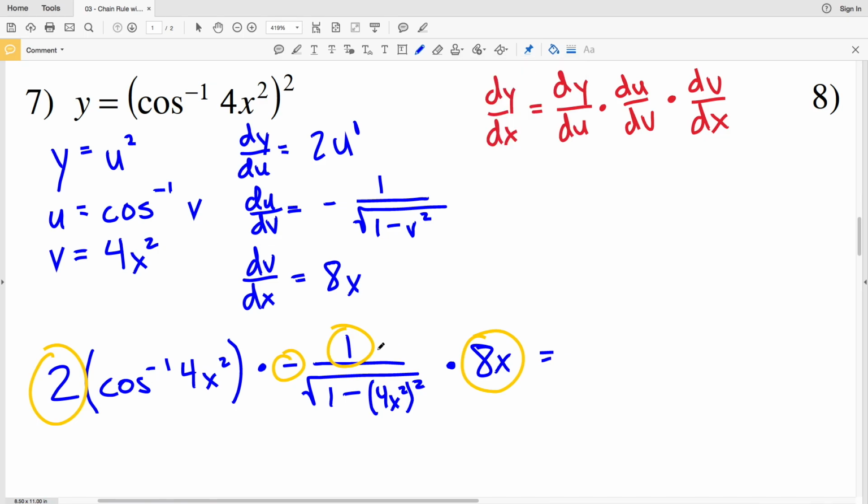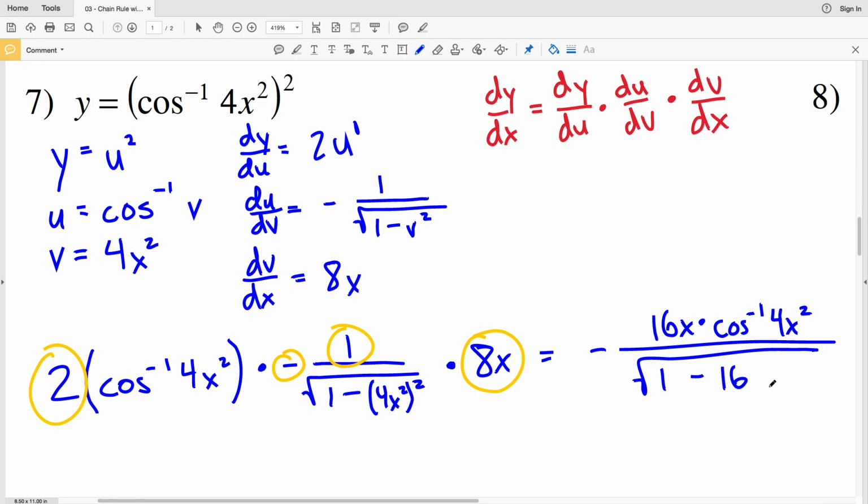So 2 times negative 1 is negative 2, and negative 2 times 8 is a negative 16, so that's negative 16x, because that 8 was multiplied by x, and that is multiplied by the inverse cosine of 4x squared. So that's my numerator, and that's all over our denominator, which is the square root of 1 minus 4x squared, squared, so 4 squared is 16, and x squared squared is x to the 4th.